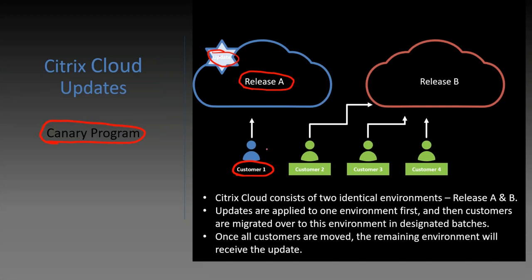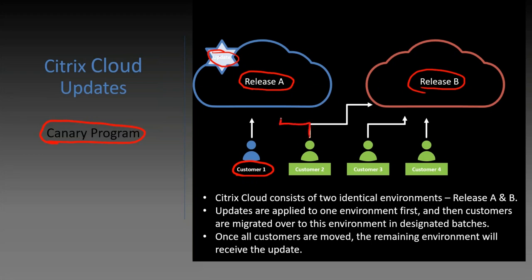Once that has been done, the system will slowly start rolling out the updates to your users. Customers 2, 3, and 4, while release A is out, will be using release B, which is a separate container. It's an identical environment, it just doesn't have the updates. After the first day, the customers will start being rolled out to the other systems.